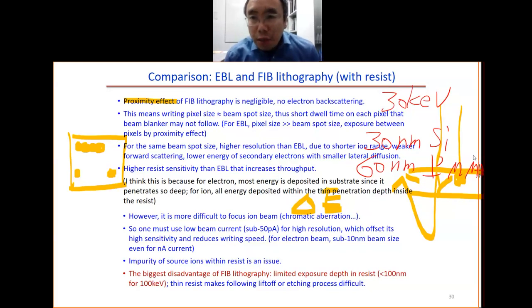So 30 nanometer into silicon, 60 nanometer into PMMA resist. It's still very low. For the electron beam, we can penetrate easily a few micrometers.